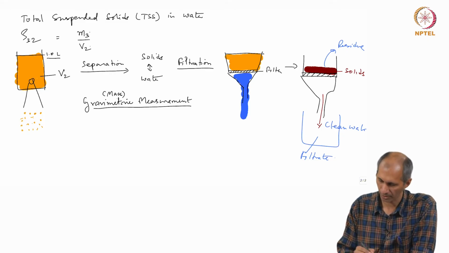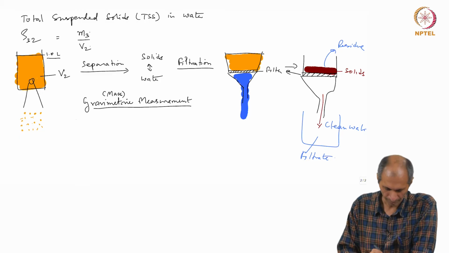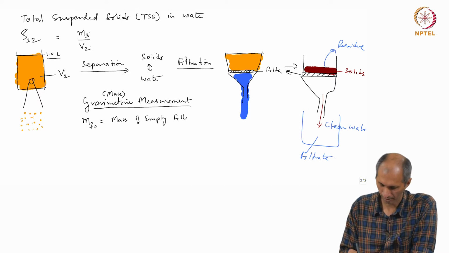So, here what we do is there is a filter paper. The mass we will write as M0 is the mass of an empty filter paper.